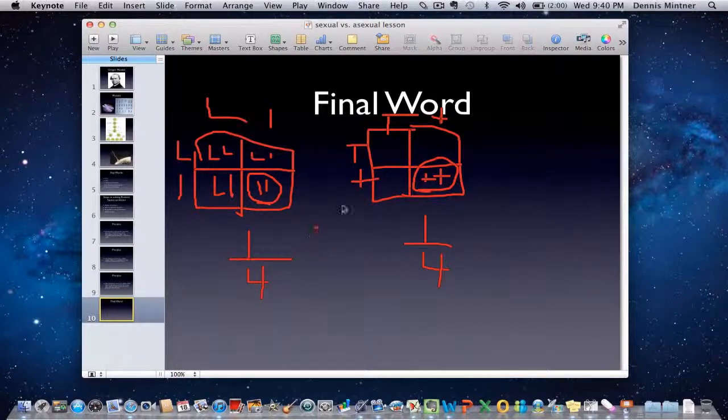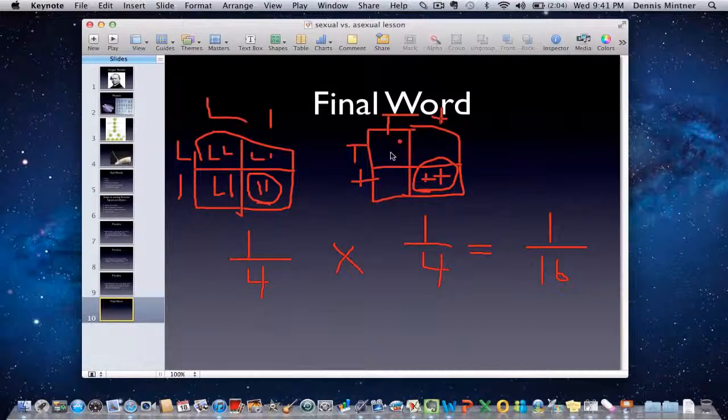It's 1 out of 4 here, 1 out of 4 here. To get them at the same time, I multiply them together, and I get 1 out of 16. If I have 3 traits going on, and I got another one that's 1/4, I would take 1/4 times 1/4 times 1/4.